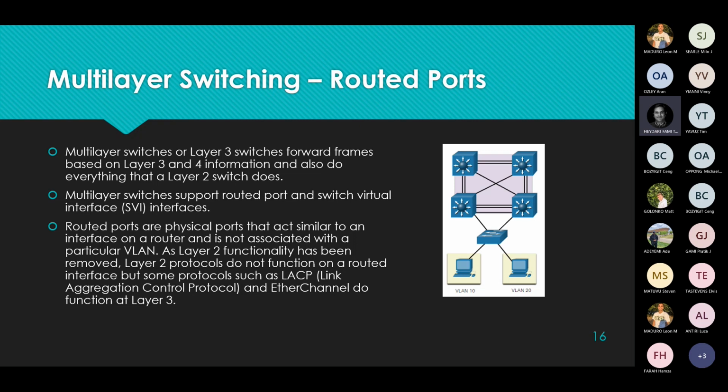And then we have another interface type with MLS, which is called SVI, Switch Virtual Interface, which acts as the VLAN interface. A VLAN interface again needs to be a layer 3 interface, because VLANs per se correspond to one single broadcast domain. And from one broadcast domain to another broadcast domain, as I said previously, a layer 3 device should be involved.